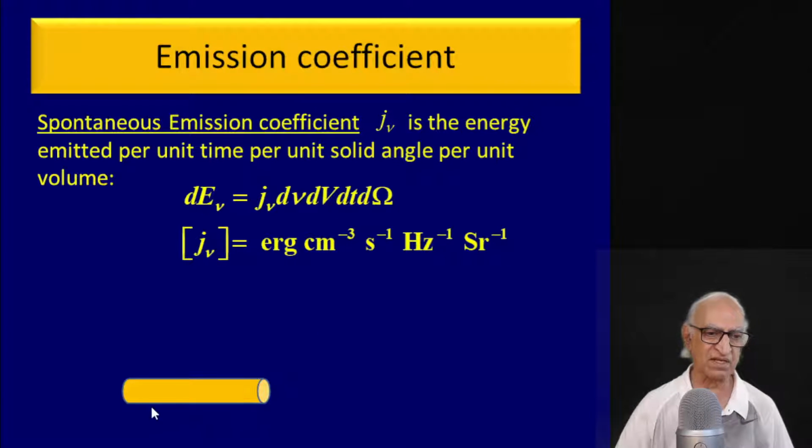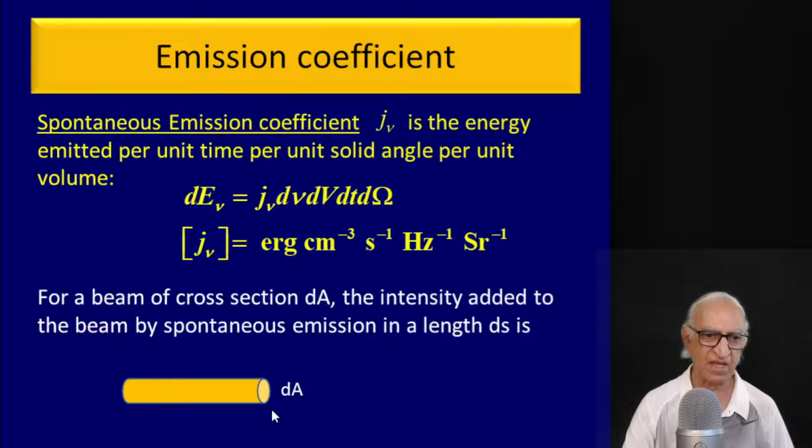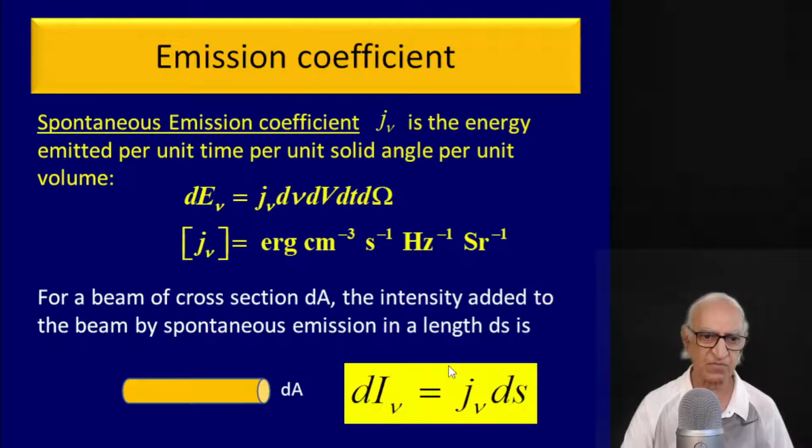Now let us consider a medium, for example a cylinder of a cross-sectional area dA, and then we ask what is the contribution of this medium to a beam of radiation of cross-section dA. In other words, what is the intensity added to the beam by spontaneous emission in a length ds of the cylinder, and of course if we integrate it, we will get the radiation from the entire cylinder.